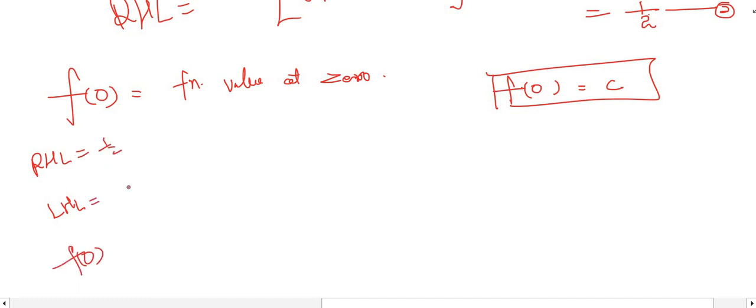RHL is 1 by 2, LHL was A plus 2, and f of 0 is C. So we are supposed to calculate the values of A, B and C.